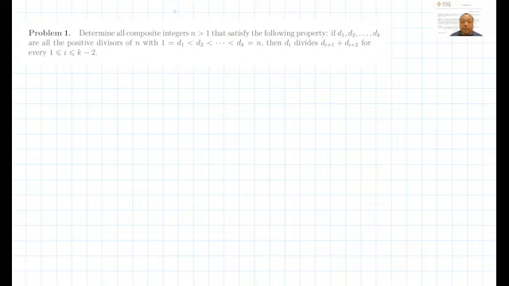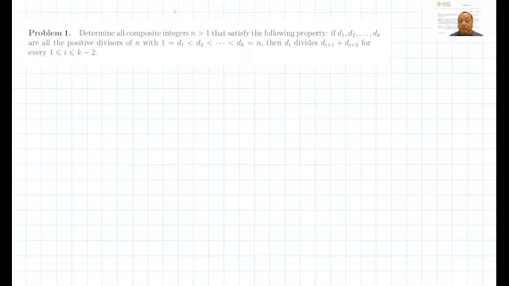If d1, d2, ..., dk are all the positive divisors of n with 1 equals d1 less than d2 less than all the way up to dk equal to n, then d sub i divides d sub i plus 1 plus d sub i plus 2 for every i between 1 and k minus 2.